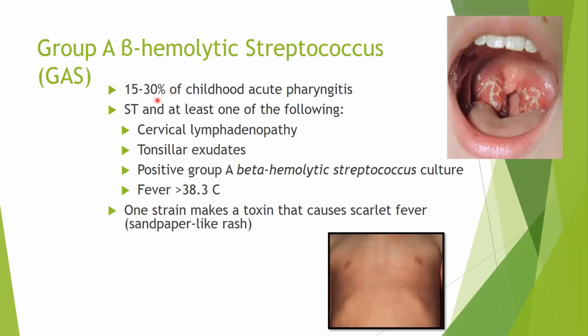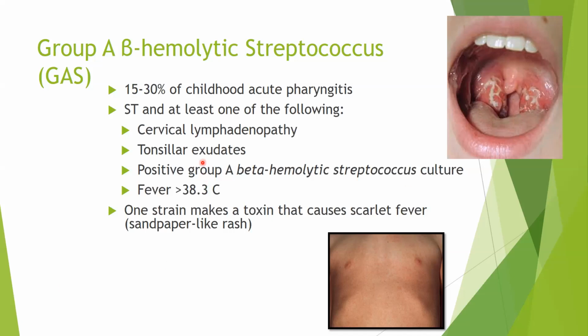Beta group strep A causes 15 to 30% of childhood acute pharyngitis. At least one of the following they're going to have. So this is that Centor criteria. If they have strep throat, they're going to have cervical lymphadenopathy. They're going to have those tonsillar exudates like here.